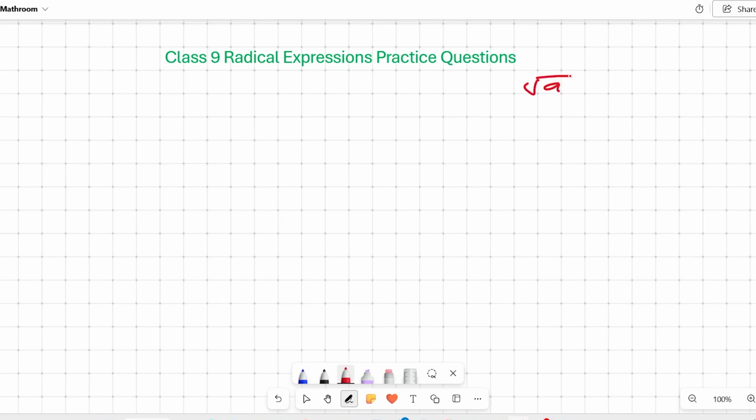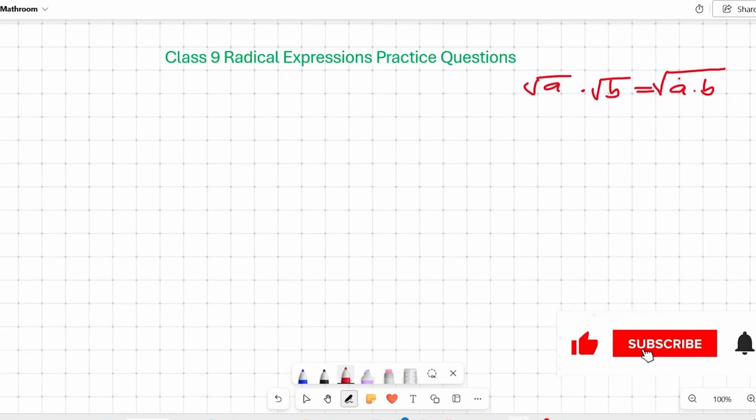The square root of a times the square root of b can be written as the square root of a times b under one square root.